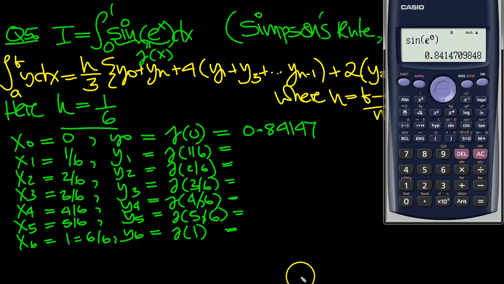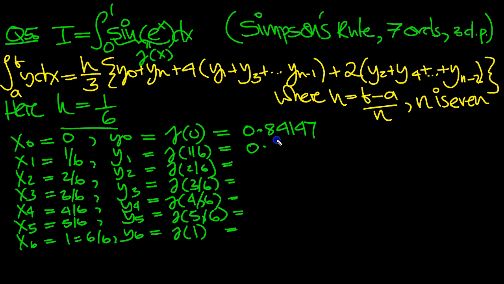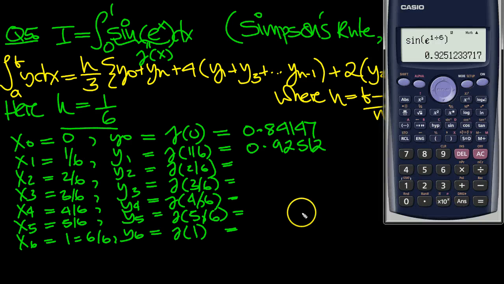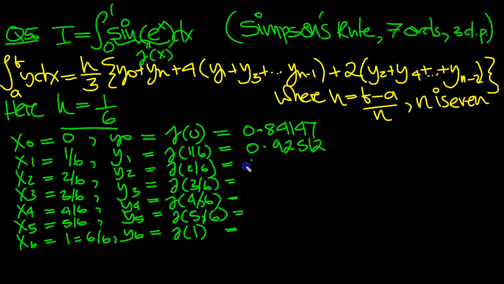Now we need to put in 1/6, don't we, instead of 0. 1 divided by 6. 0.92512. Next one, we need to put in 2/6. 0.89385.